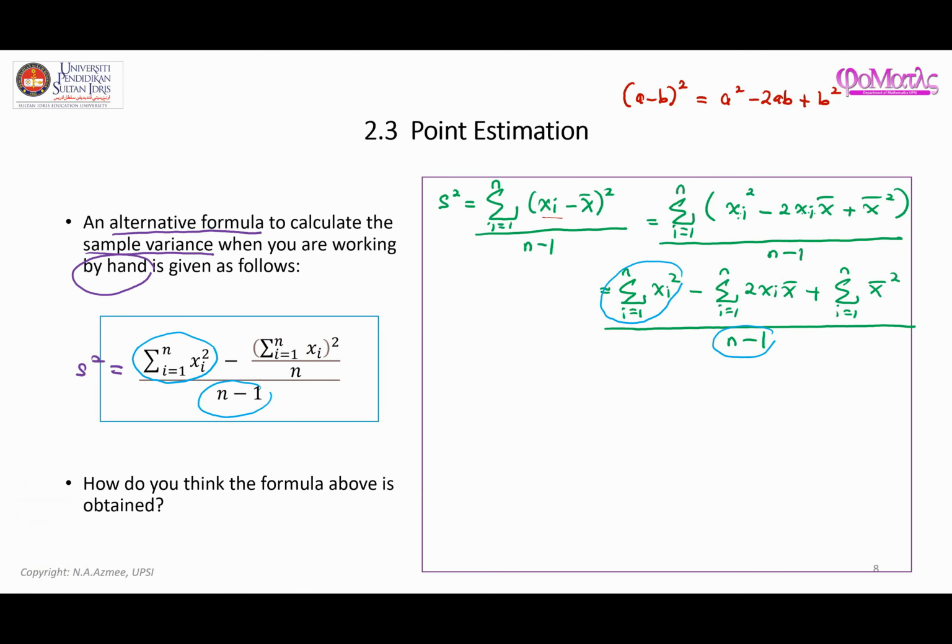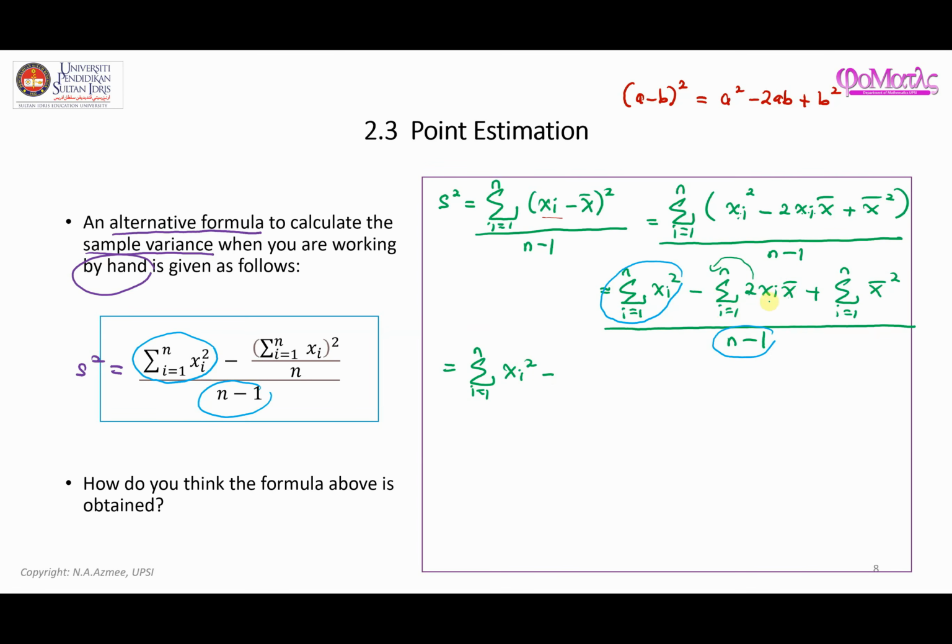Okay, so this becomes, I'm just going to write down here, we need a big space for this one. So this becomes the sum from i equals 1 to n of xi squared minus, okay, so for this one here, I'm going to take out the values that are constant. So 2 and x bar can be taken outside, because this one doesn't depend on i anymore. It is a constant. The same thing with x bar. It doesn't depend on i.